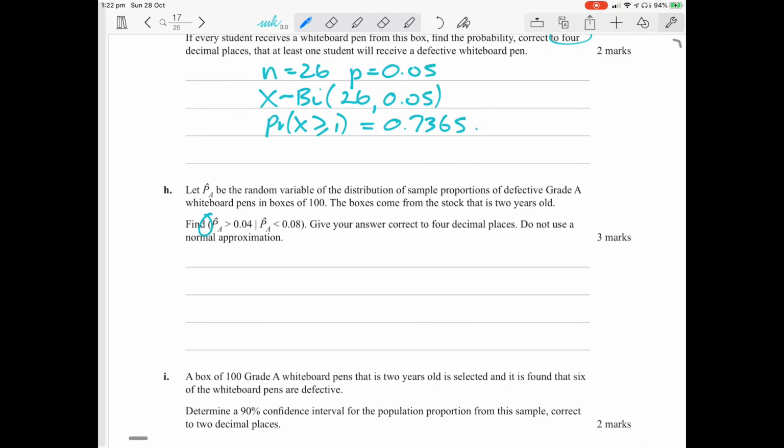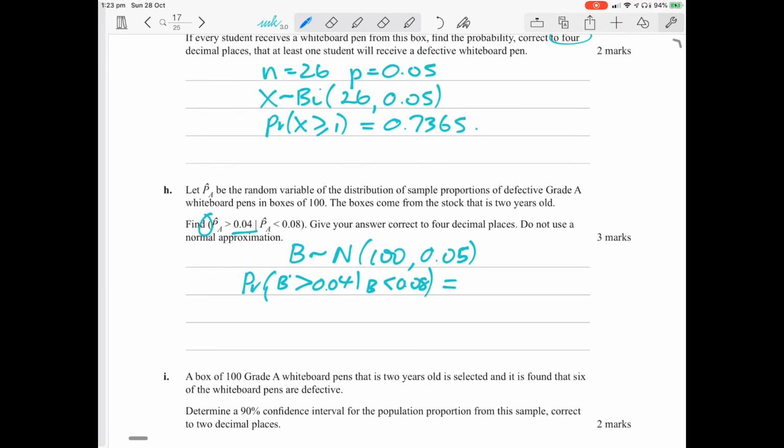So let's say B is normally distributed, I've got 100 of them, 0.05. We want the probability that P hat is greater than 0.04, given P hat is less than 0.08.